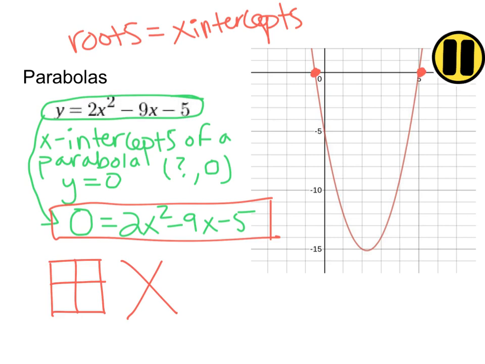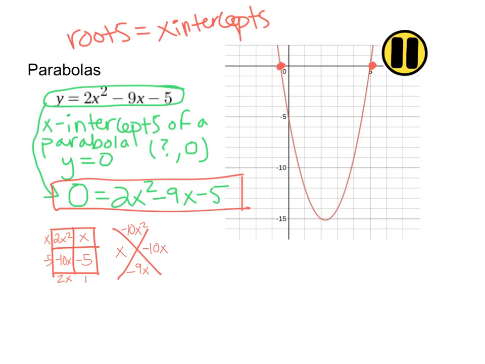So hopefully you started out by factoring, probably using a box and diamond, unless your factoring skills have gotten amazing over the last couple weeks, which would be awesome. This is what my box and diamond look like. So then I'll rewrite it in factored form. And then I do my zero product property.